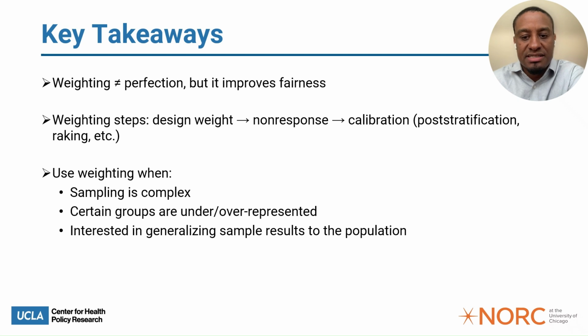You start with the design weight, then you adjust for non-response, then you often calibrate using a method like post-stratification, raking, or the general calibration. And finally, when should you use weighting? You should always consider it when your sample design is complex, when you know that certain groups are under or overrepresented in your data, and most importantly, whenever you want to generalize your sample result to the broader population.